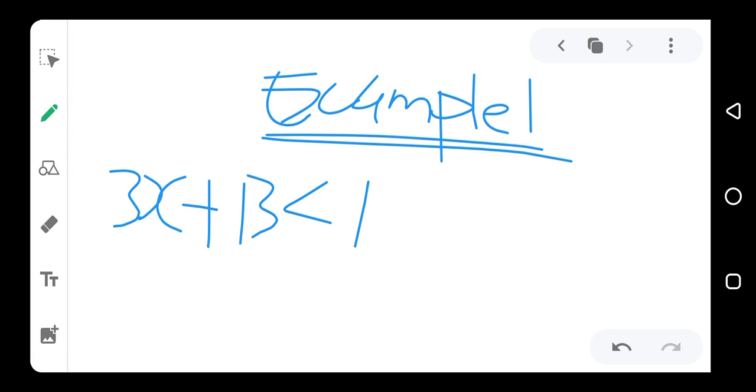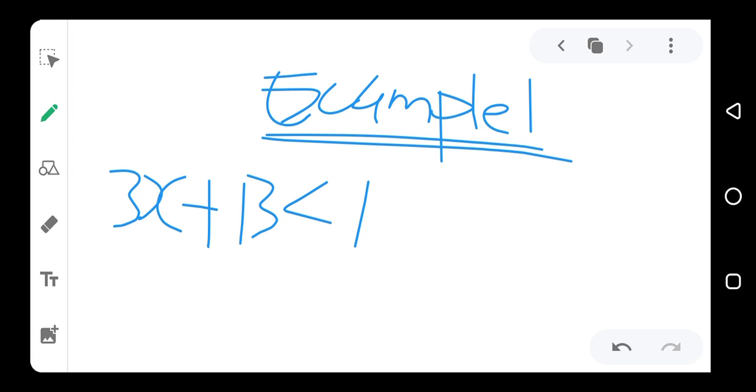If it involves multiplication of both sides by a negative number, we change the sign. Or when it involves change of position of the terms, we change the sign. That is the only thing that is different from solving a normal linear equation.